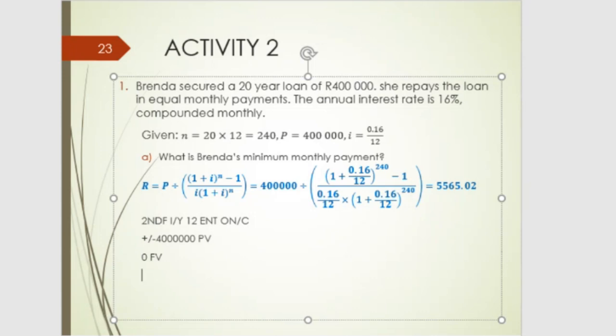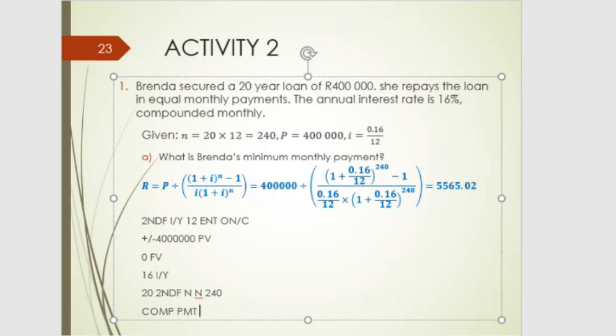What else? The interest rate 16. That's interest per year. The number of years they're saying is 20. Second function, and it should give you 240. Then you compute the PMT.